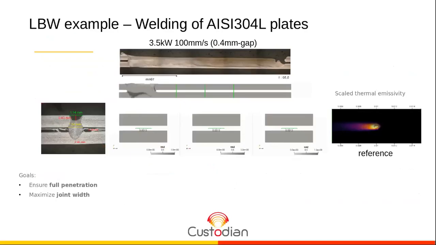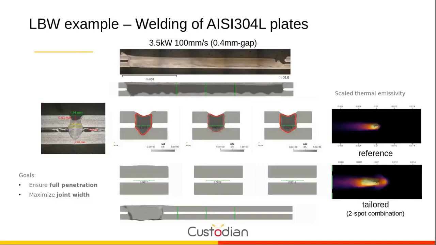Here you have a very simple example of laser beam welding of stainless steel. There are two plates of 1 millimeter separated by a 0.4 millimeter gap, with some successful conditions to join them together. But just as an exercise, imagine we want to ensure full penetration and increase the joint width, which is also good for the stability of the process in industry environments and for ensuring the mechanical resistance.